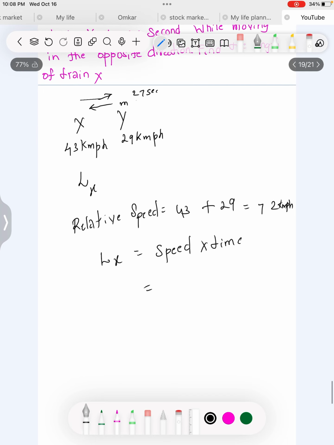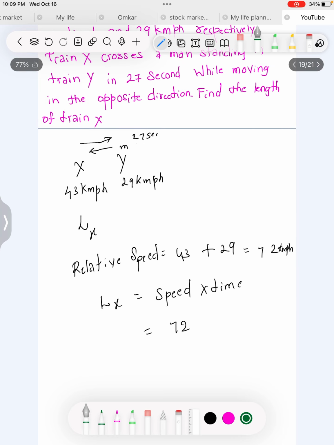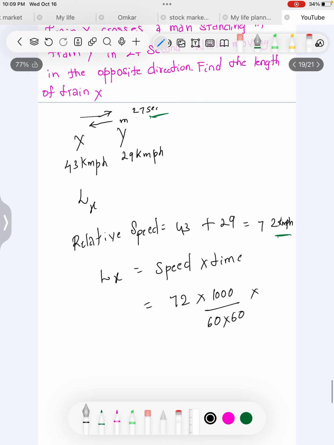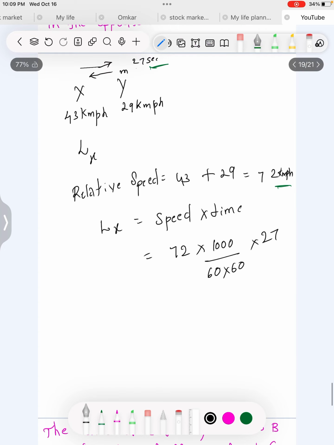Speed is 72 kilometers per hour, but the time is in seconds, so let us convert the speed into meters per second. 1 kilometer is equal to 1000 meters, divided by per hour, which means 60 minutes into 60 seconds, and into time, which is 27. In this way you can simply cancel it off.